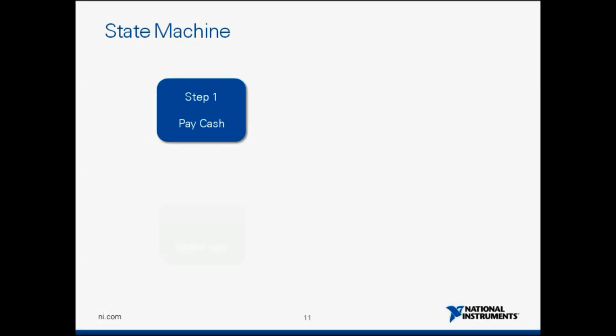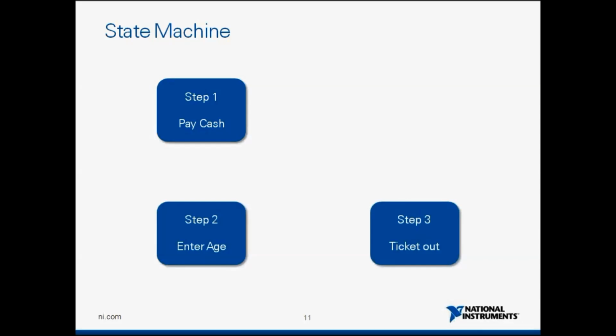Step 1 is to enter the amount of cash rendered by the customer. The second step is to enter the age of the customer. The third step is to indicate that a ticket has been generated. The fourth step is to indicate that the remaining change has been given out to the customer.